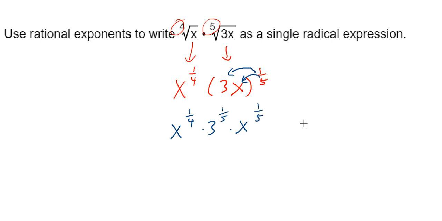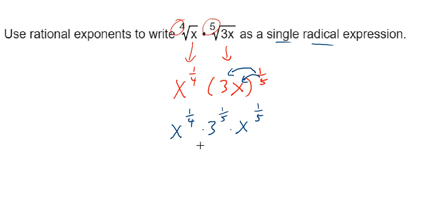Now the difficult thing here is they want us to write it as a single radical expression. So we convert the expression into exponential form, but then once we simplify it, we have to be able to convert it back to radical form as just one radical, which means we can only have one fraction with one denominator to write it as a single radical. And because these denominators are different, we need to get them to be the same, right?